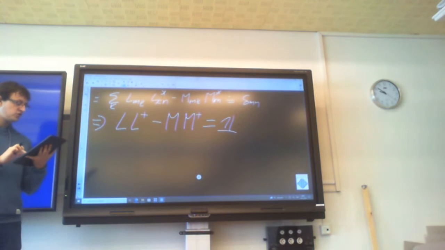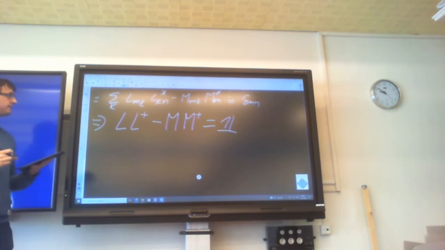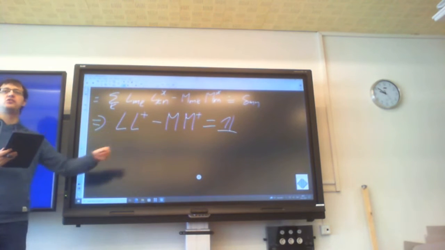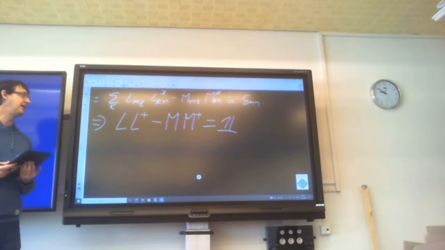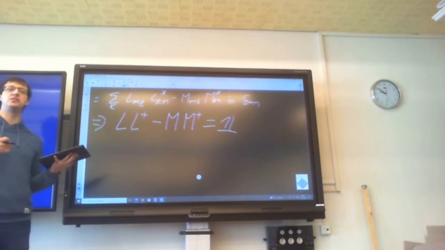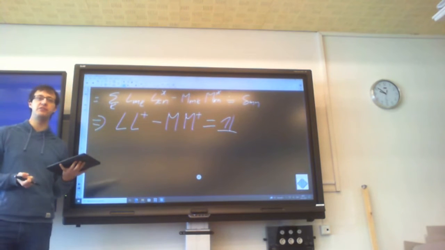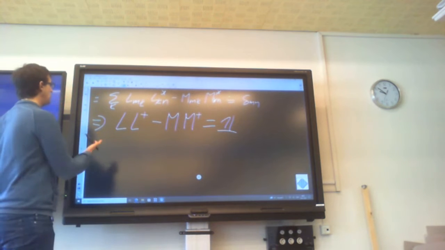So this is the condition which L and M need to fulfill, which is a little bit more complicated than what we previously had, but it's not too bad, to be honest.